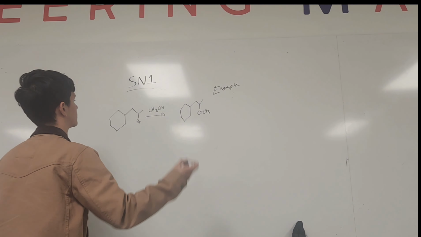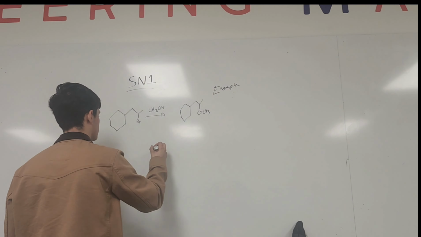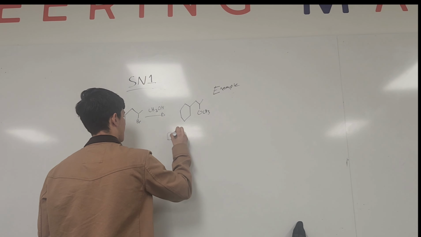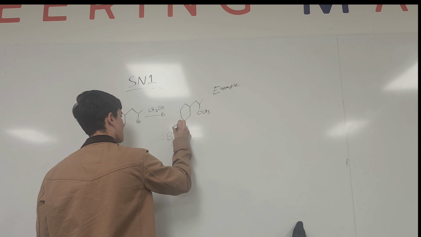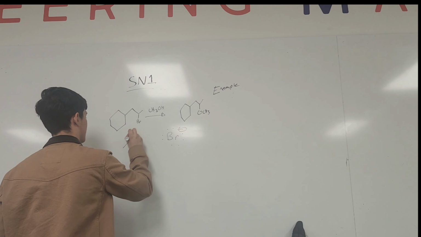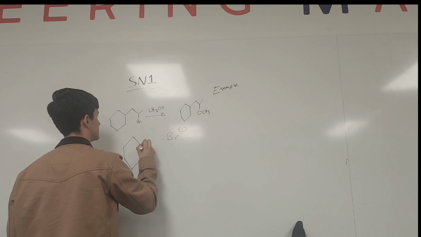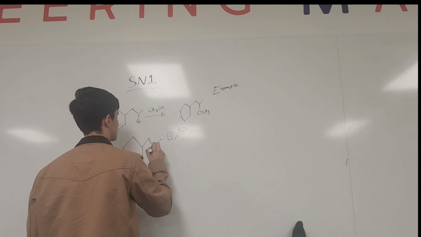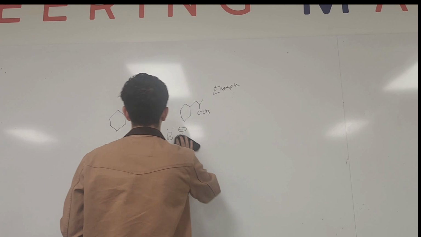So protic, I know it's going to be an SN1 reaction. I know that the leaving group is going to leave. It's going to be like, bye bye, guys. And after that, the carbons.